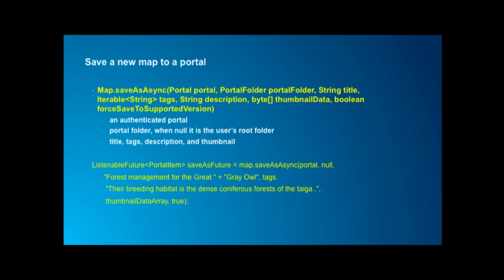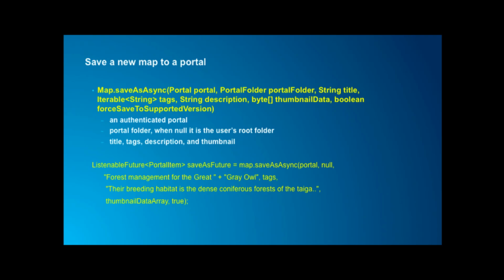You also need to specify at least the title of the web map, and you can also specify which portal folder, or a description and text if you wish. You can also specify the thumbnail image for this web map.